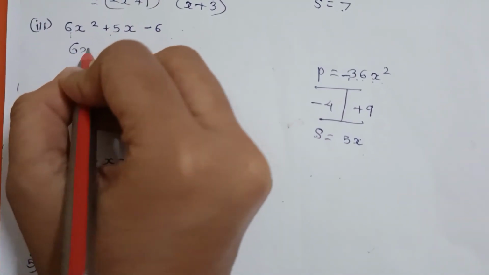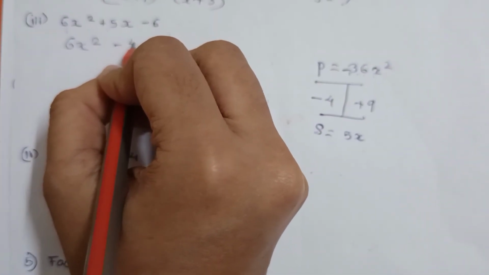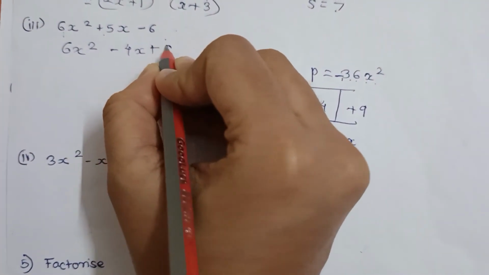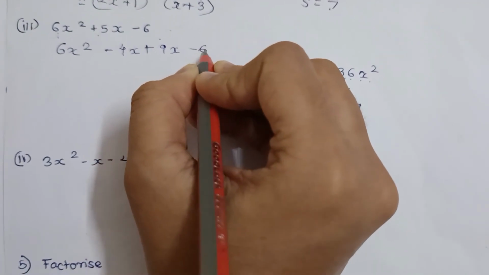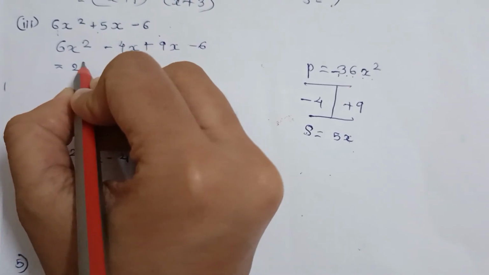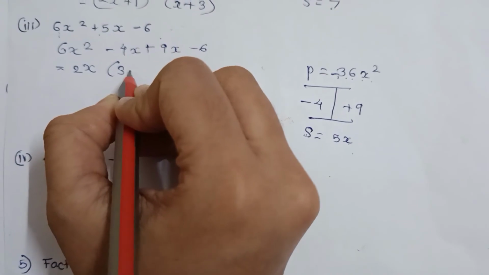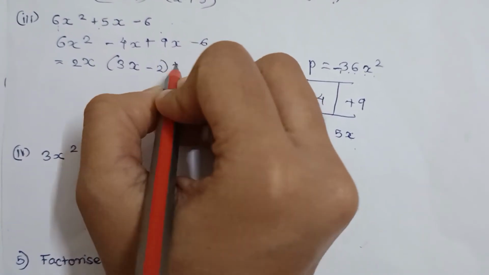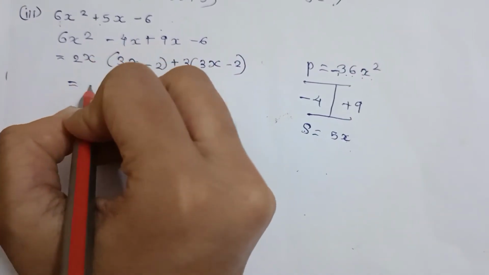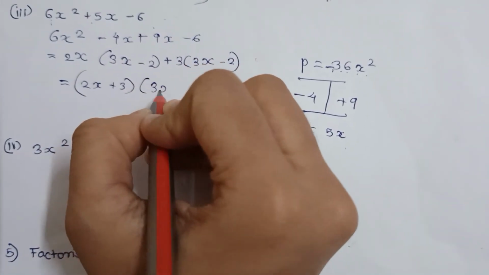So 6x square, the middle term will get split: minus 4x plus 9x minus 6. Here 2x is common, so we will take it out of the bracket. So 2x multiplied by 3x minus 2, plus 3 multiplied by 3x minus 2. So the answer is 2x plus 3 and 3x minus 2.